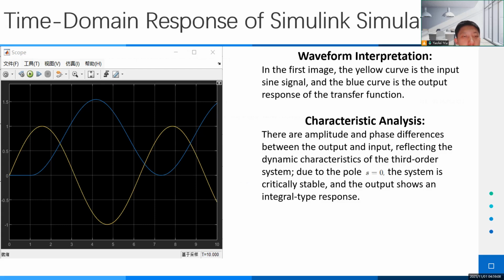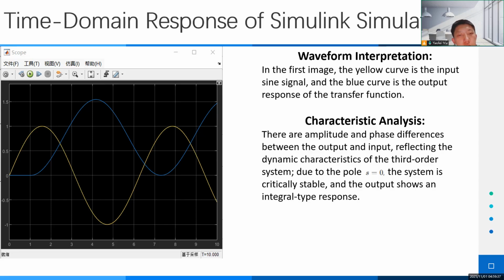The blue curve is the output response of the transfer function. From these curves, we can see two important characteristics. There are differences in amplitude and phase between the output and the input.